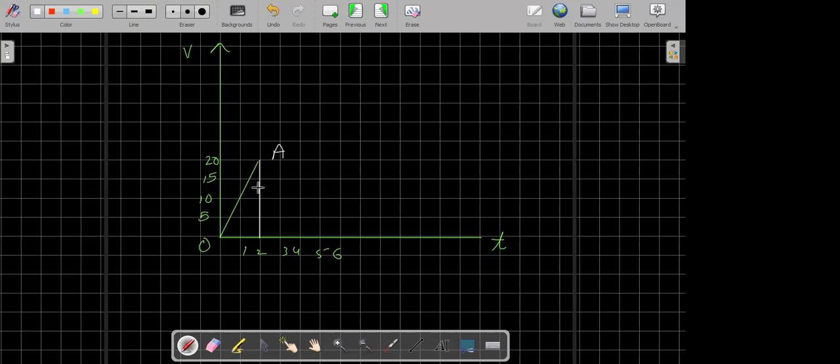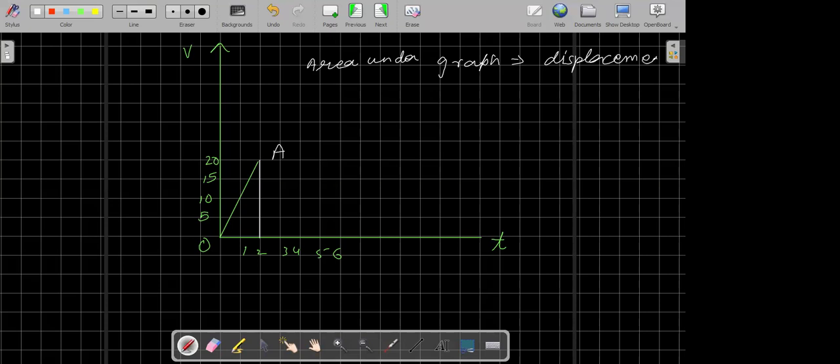Not distance, we will call it the displacement. Yes, displacement. Since it is a velocity time graph, the area under the graph would represent displacement.